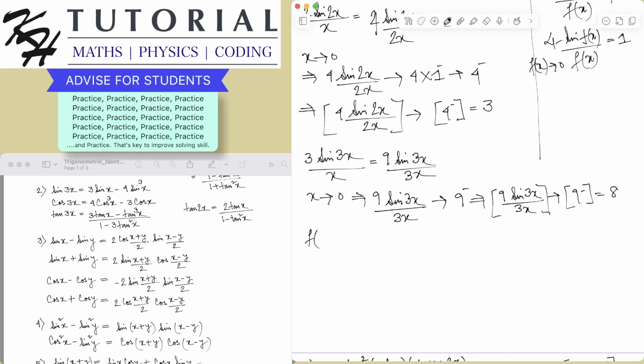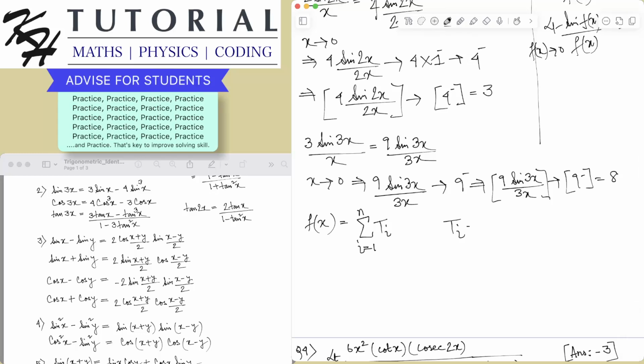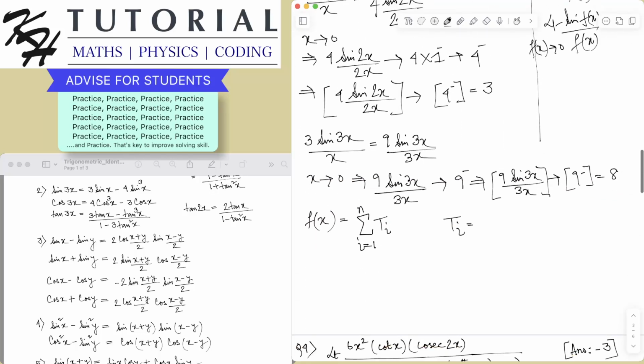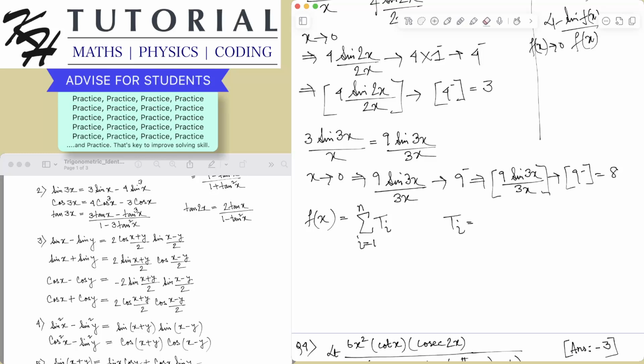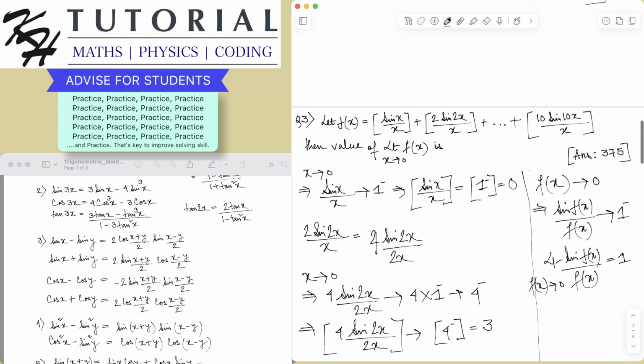f(x) is basically the summation of Tk, where k is 1 to 10, since there are 10 terms: floor of sin x by x, floor of 2 sin 2x by x, up to floor of 10 sin 10x by x.